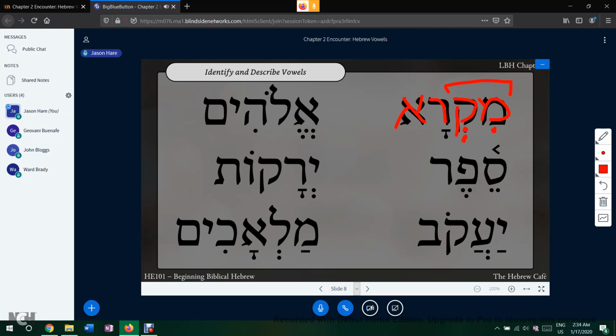Mik. Then the next syllable opens with resh and a long vowel a. And the aleph here has no value. Mikra. So would you call the last syllable an open syllable?